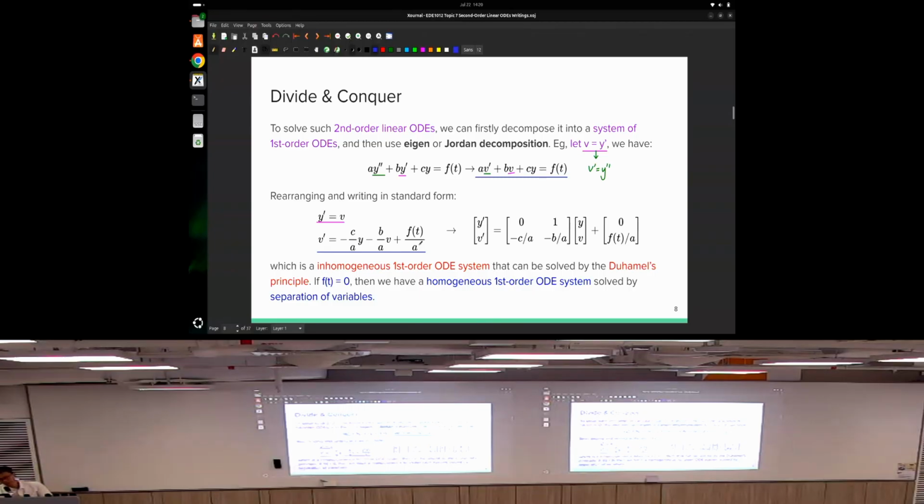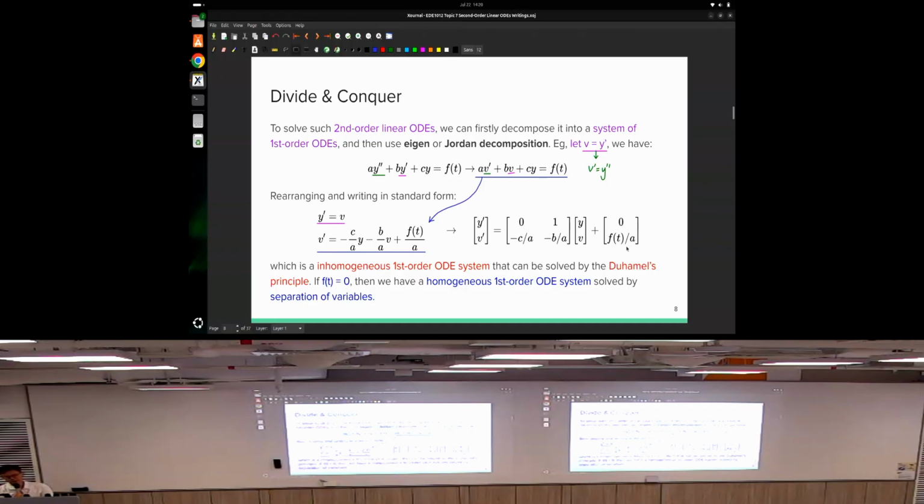Can you see that? So you have a coupled system. But we know coupled systems, we solve them in topic 6. So rewrite this as a first order system with these coefficients for your matrix A, and your f of t over a obviously belongs to the excitation term.